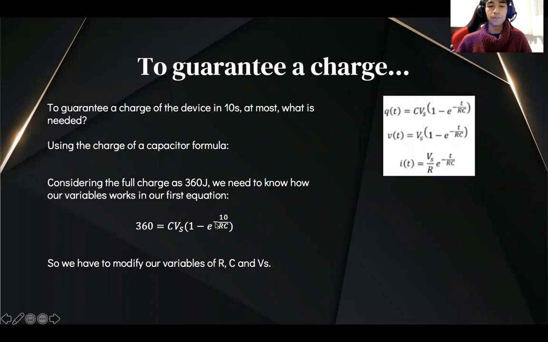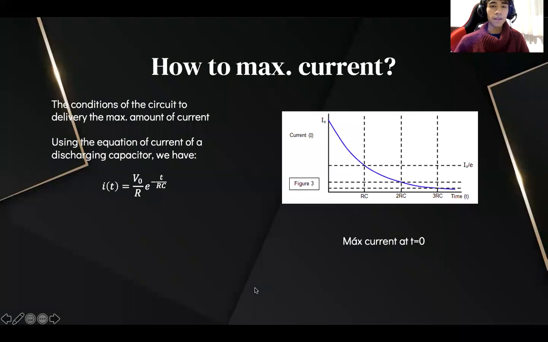So we have to modify the variables of the resistance, the capacitance, and the voltage source to guarantee the charging in that time. How to guarantee the max current?